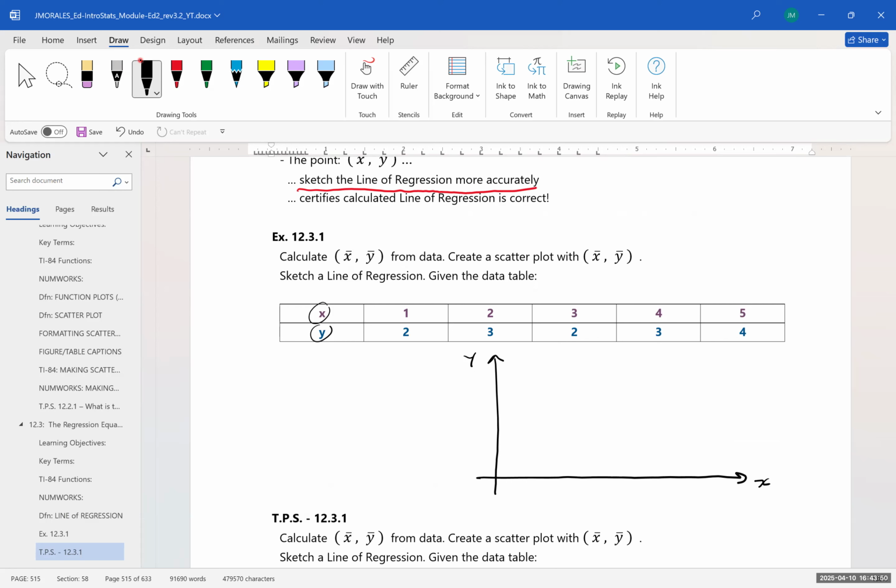And off to the side, I'm going to make an XY table, because it helps me see ordered pairs a little bit better, since I read ordered pairs from left to right. Our values of X are 1, 2, 3, 4, and 5 in this data set, and our values of Y are 2, 3, 2, 3, and 4.